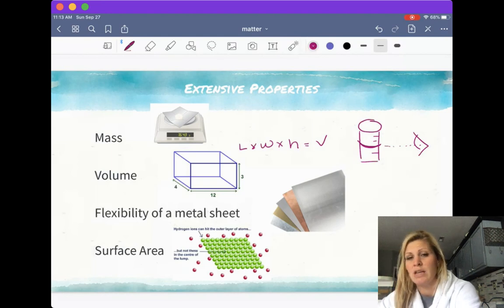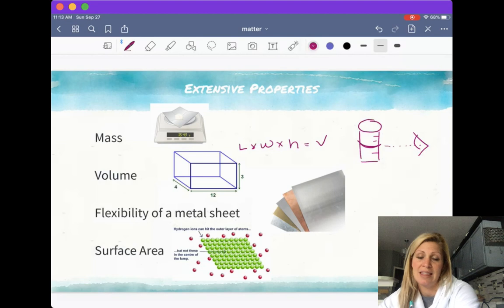Flexibility of a metal sheet. So a lot of chemists, when dealing with metals, we look at some of the properties of a metal, which are being able to hammer it into sheets, being able to look at the flexibility and the tensile strength. And flexibility of metal sheets is dependent on how thick the sheet is.